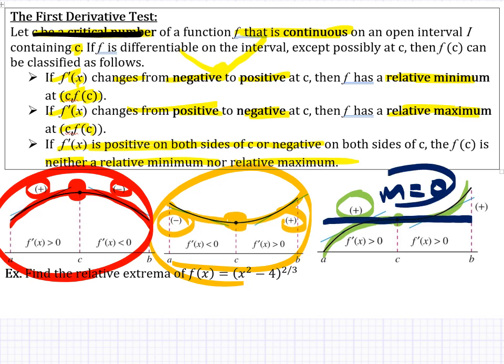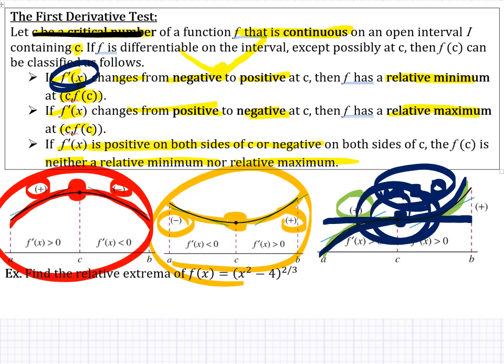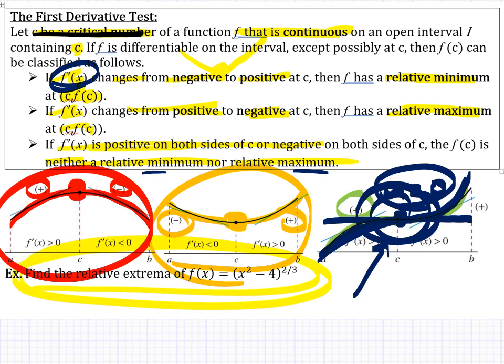So just because you have a critical point, just because the slope is 0, the derivative is 0, doesn't mean it's always going to yield a max or min. It all depends on how the function behaves around that point. And if we're increasing and then increasing some more, we do not have a max or a min. We have neither. So we're going to look at this question to answer where are the relative extrema.